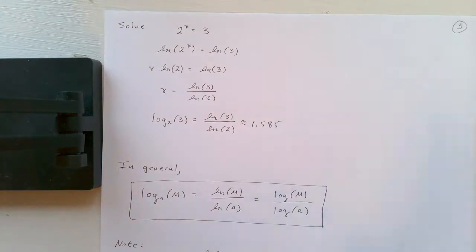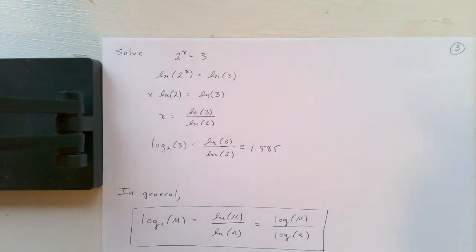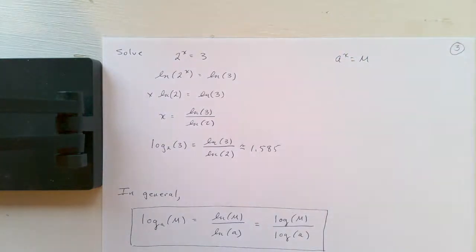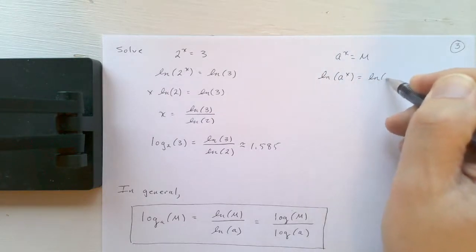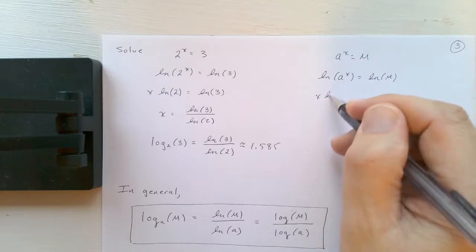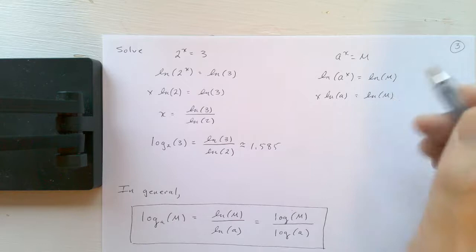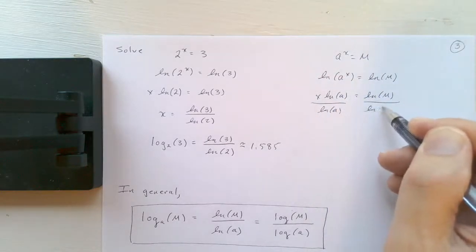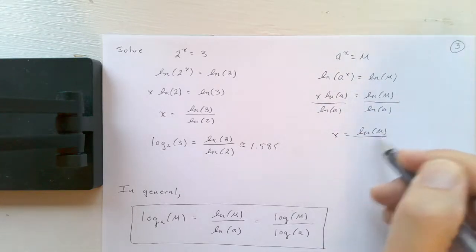Now we can see that we can find any log doing this same way. For example, if we wanted to find the solution to a to the x equals m, we would do the same thing. Take the natural log of both sides, bring the x out front, divide both sides by log a, and we get x as natural log of m divided by natural log of a.